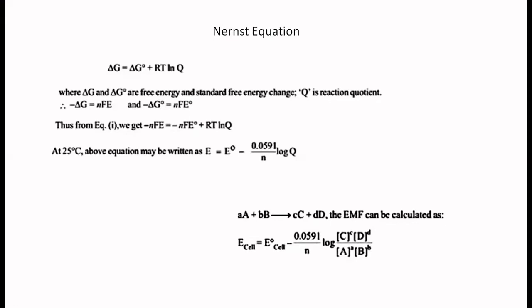So in that, if you want to write the Nernst equation, then E cell is equal to E0 cell minus 0.0591 divided by 2, because 2 moles of electrons are involved in that. Log of Zn2+ concentration, that is anode concentration, divided by Cu2+ concentration, which is cathode concentration. Okay.